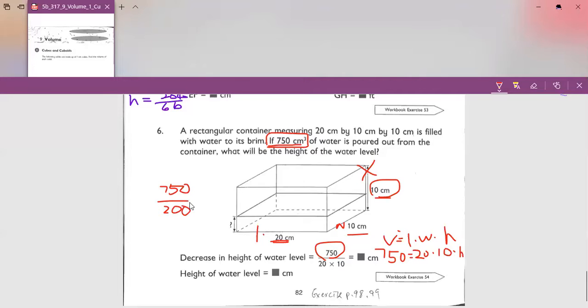Then we can figure out the height of the water level. So everyone, again, I need you to type in your answer with the unit. Include the unit.